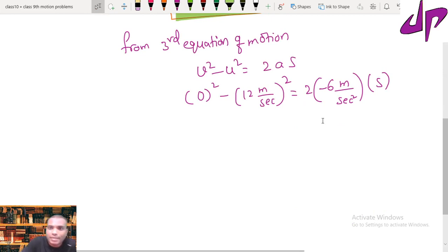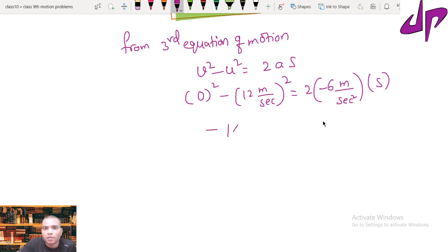First we can simplify it here. So 12 square, here the minus sign is there, don't neglect that, it's very important. 12 squares are 144 meter square upon second square equal to, this side also minus is there, minus 2 6s are 12 meter per second square of s. This s value we need to find.